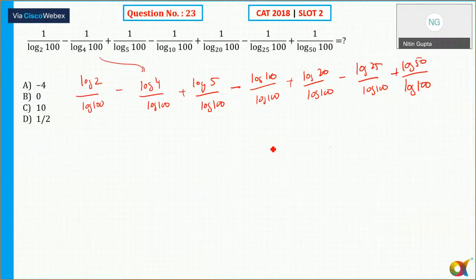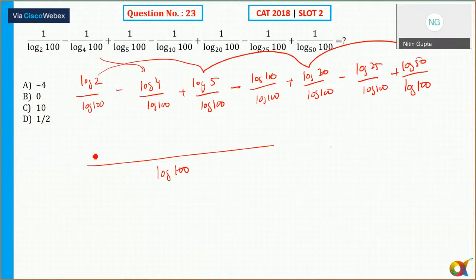Now log 100 in any case, you can all see it here, that is in the LCM. So I'm getting log 2. I'll take all the positive signs: log 2 plus log 5 plus log 20 plus log 50. Minus, take all the negative terms on one side: log 4 plus log 10, sorry, log 10 not 100, plus log 25.